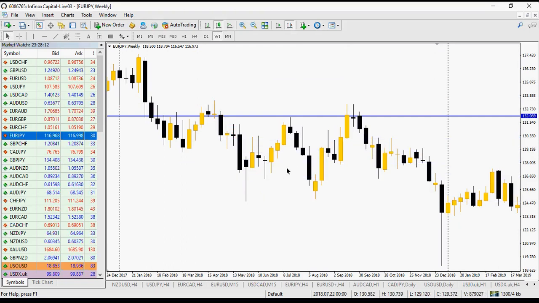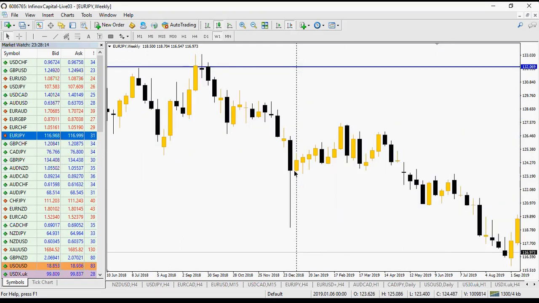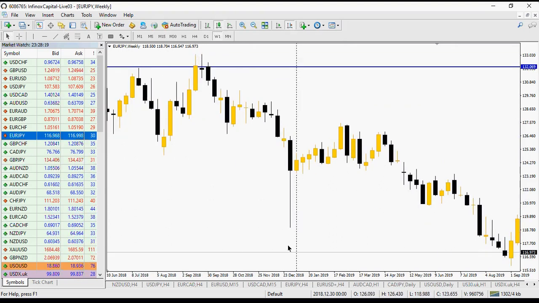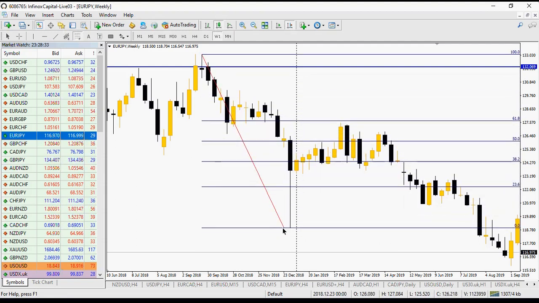Let's look at other waves in the market. Now look at this wave, from here down to this place, and the market pushed up to this point and then dropped. Can we have a confirmation with this Fibonacci?